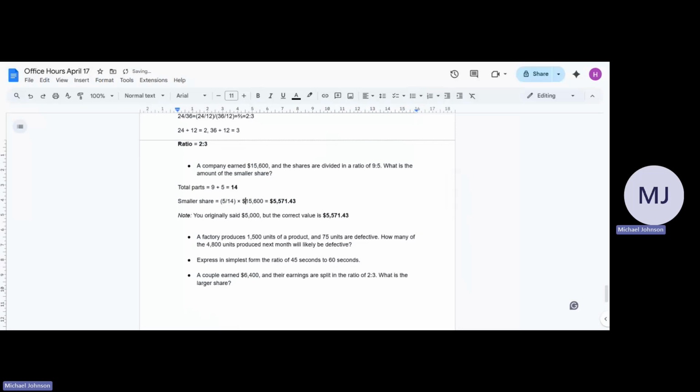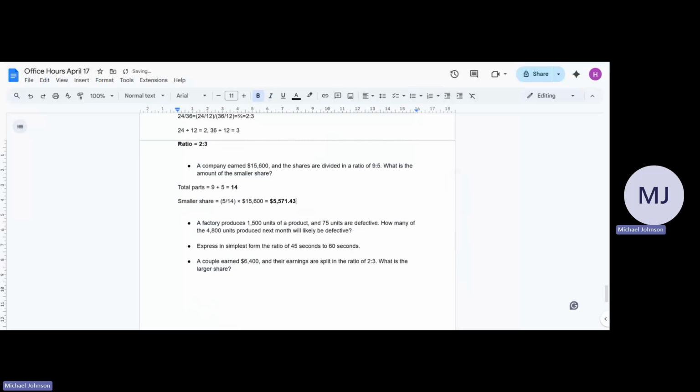Just change this to dollars here. So it would be $5,571.43 is the smallest share.